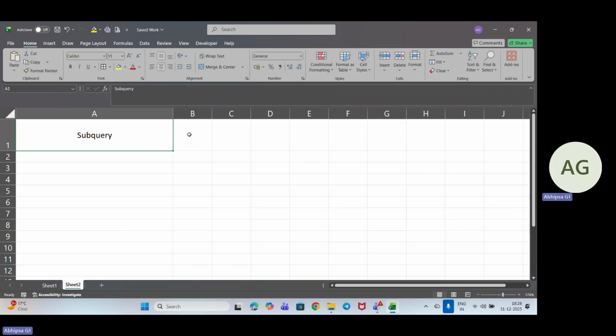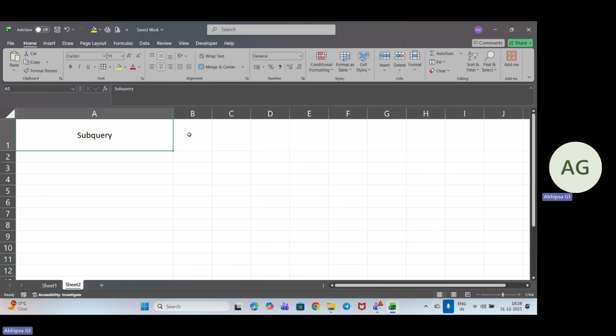Now coming down to the subquery. A subquery means a query inside another query. In simple words, suppose one question is asked first, and then the answer of that question is used inside another question.